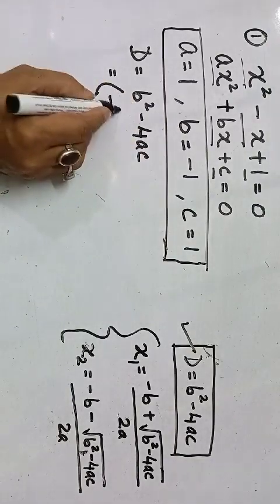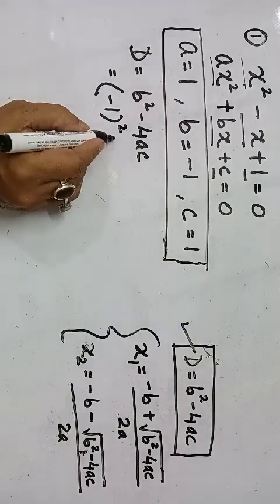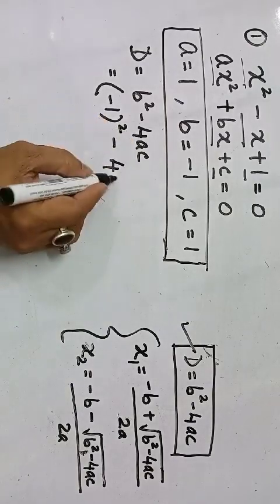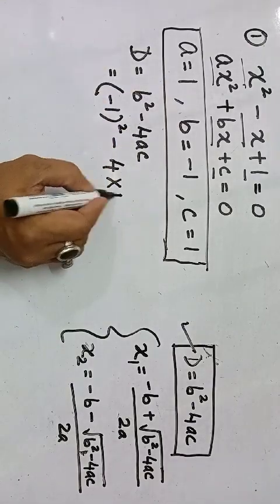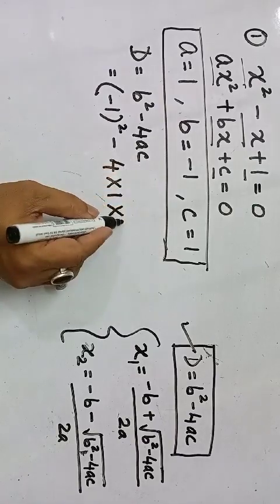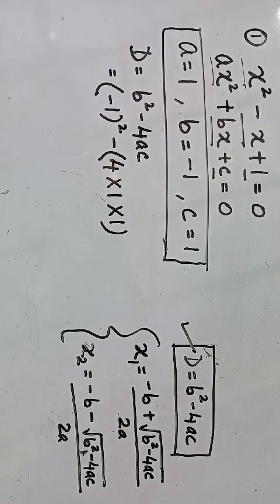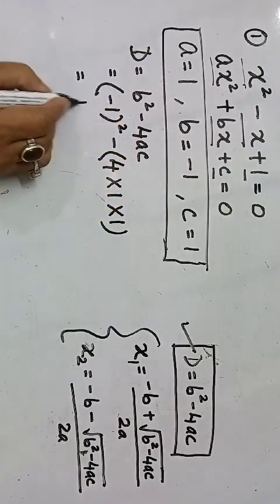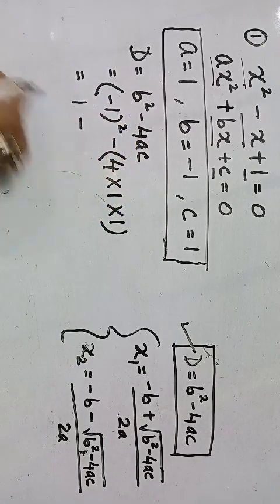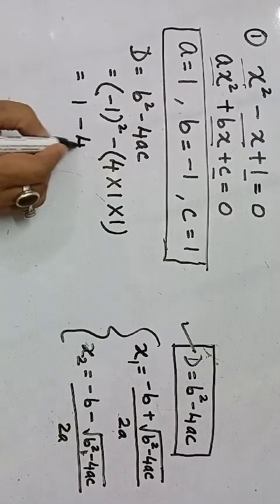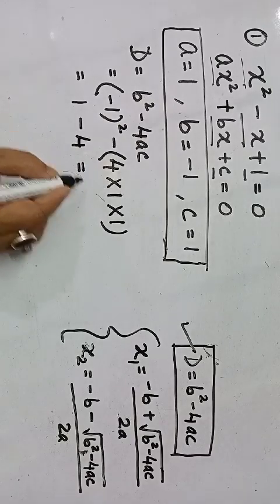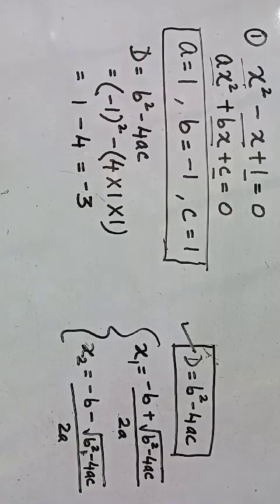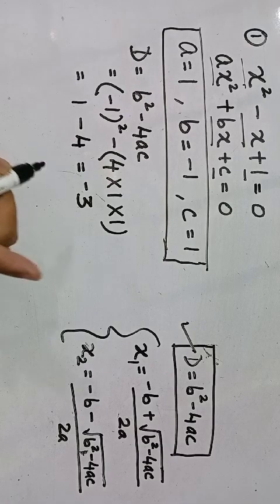B value is minus 1, so minus 1 whole square minus 4 times a, which is 1, into c, which is also 1. So I get this, which will then result in minus 1 whole square, you know that it is plus 1, minus 4 into 1 is 4, which gives you a minus 3. Okay, which is a negative number.